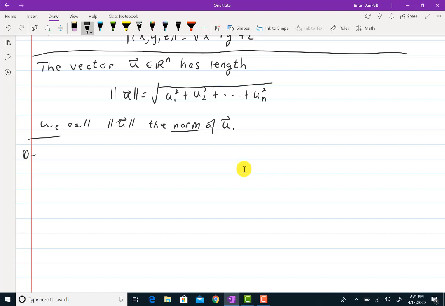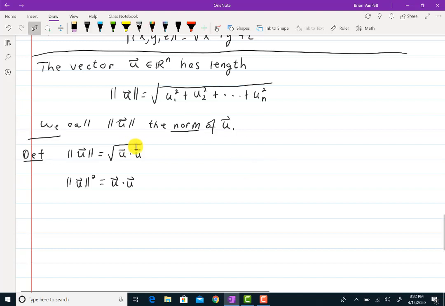Let me give a definition then. One way to think of the norm is the square root of u dot u. Or if you want, this version is just as useful. In fact, the second version is probably more in line with statistical theory, when they talk about the standard deviation versus the variance.